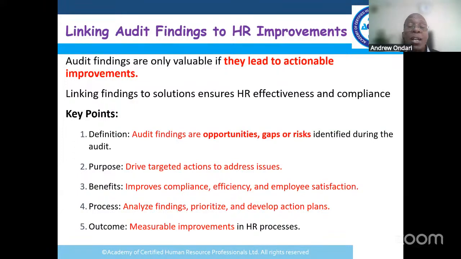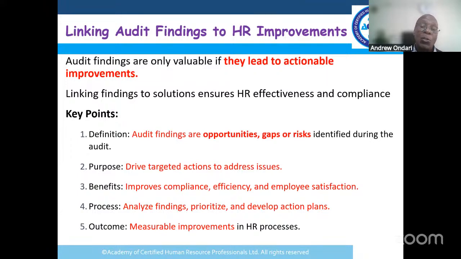And when you talk of gaps, these are areas of weakness. For example, in IT, you don't have a human resource information system, which means that you rely on manual systems. That is a big gap that should worry everybody.